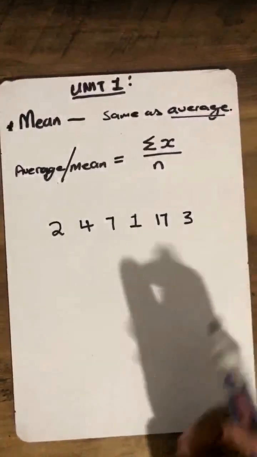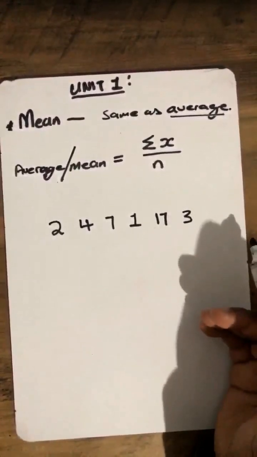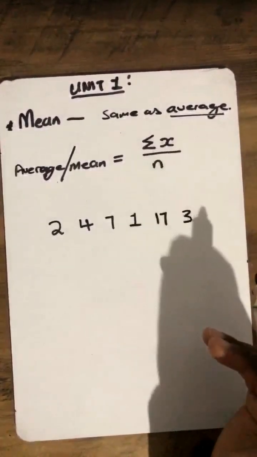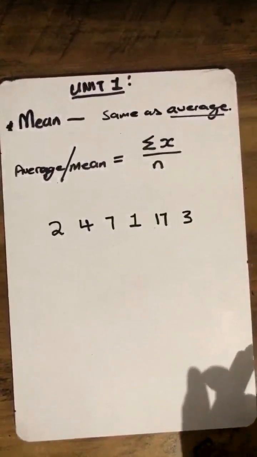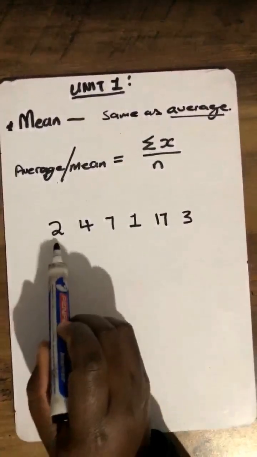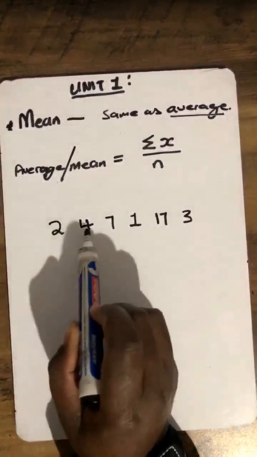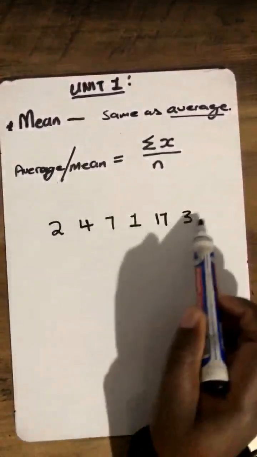So we just want to know that averagely, how many times does a grade 10 learner eat per day? We can't just say 2 times, we can't just say 4 times or 7 times. So we need to have an average of those.